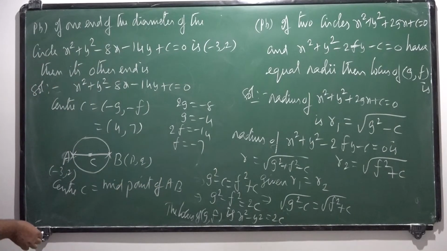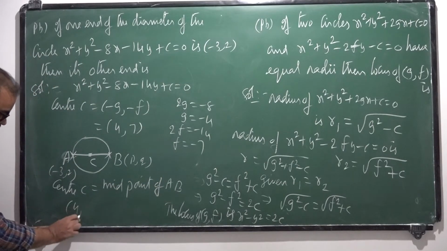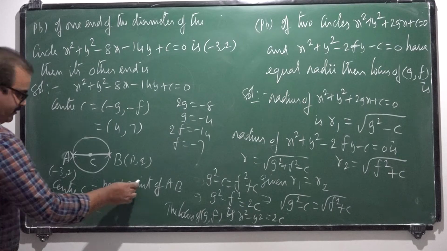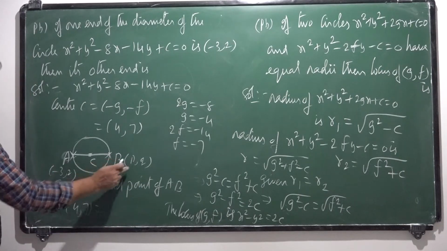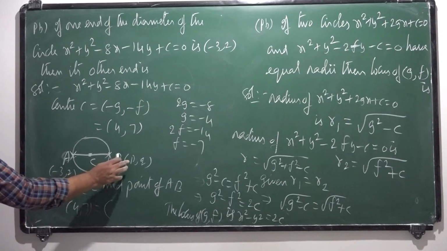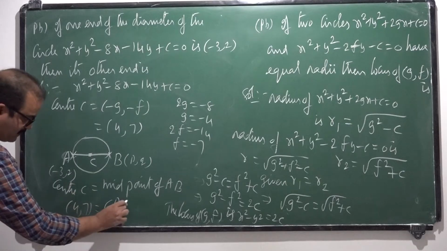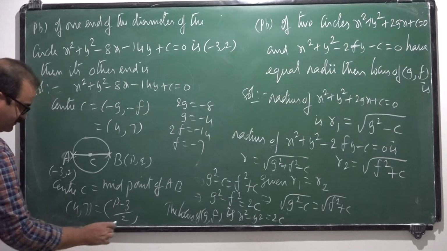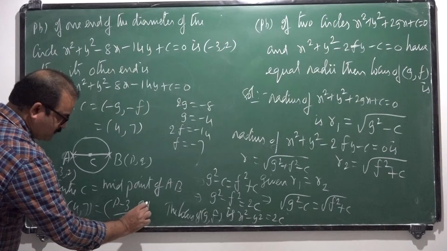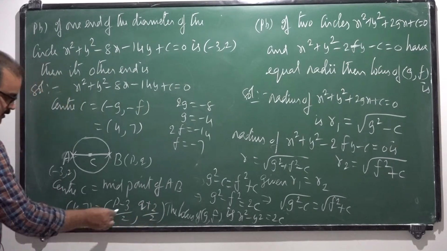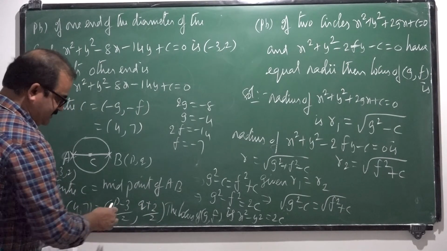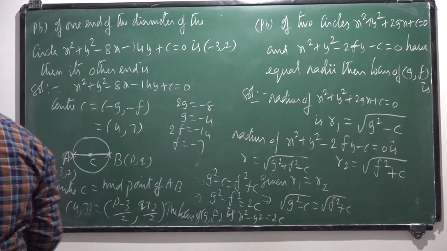The center here is 4 comma 7. Midpoint of AB is x1 plus x2 by 2, y1 plus y2 by 2, that is P minus 3 by 2, Q plus 2 by 2. Compare x coordinates and y coordinates and find P and Q.